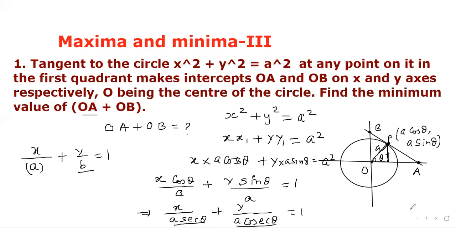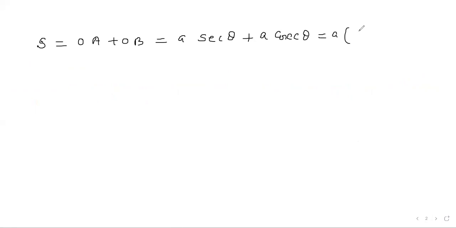So suppose S is OA plus OB. That is equal to a sec theta plus a cosec theta, or a times sec theta plus cosec theta.